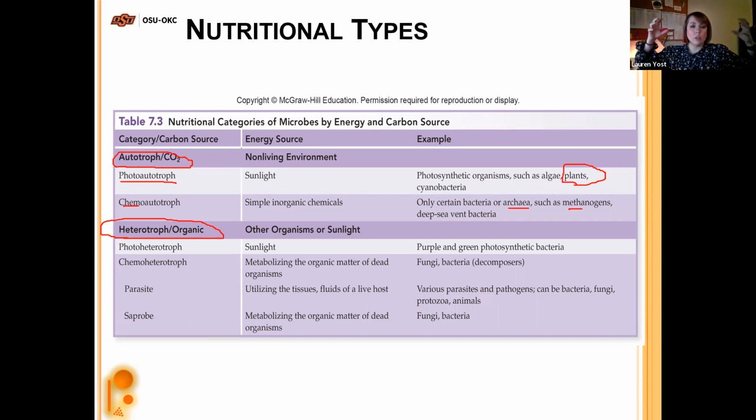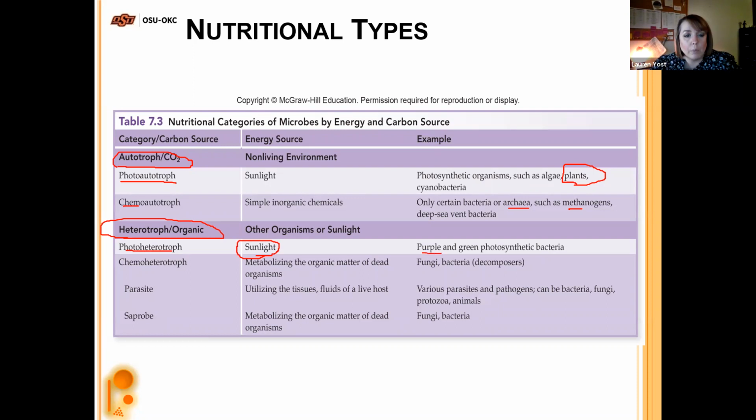Now we're moving on to the heterotrophs. So there will be photoheterotroph and chemoheterotroph. Photo and chemo for each one, okay? Photoheterotroph, they utilize the sunlight as far as their energy source goes, but their carbon source comes from organic compounds that other organisms made.